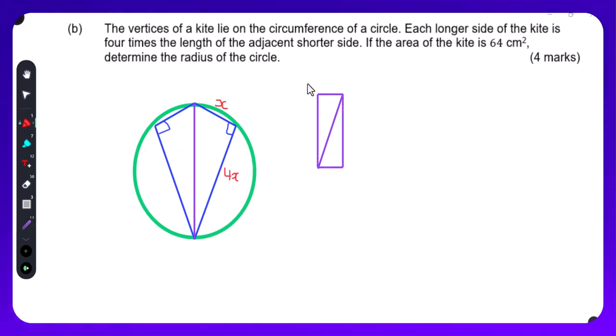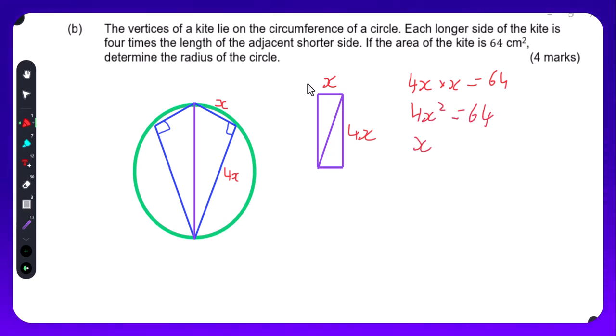So it would be 4X multiplied by X equals 64. So 4X times X equals 64, 4X squared equals 64.